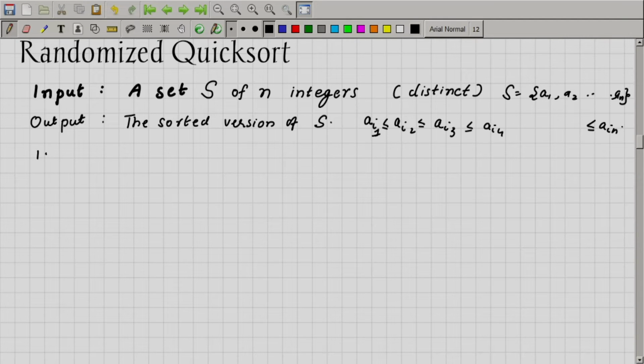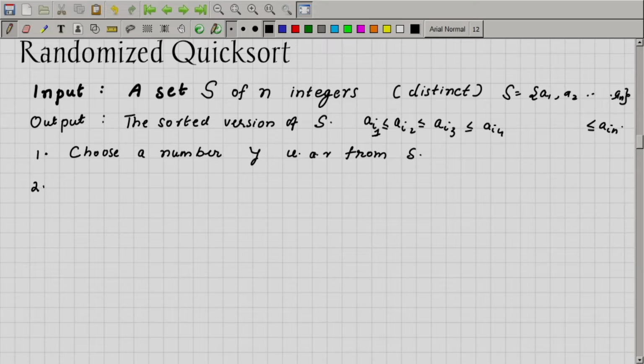So, the first step is to choose a number y uniformly at random from S. Okay, so each A1 to AN is equally likely to be chosen in this step.